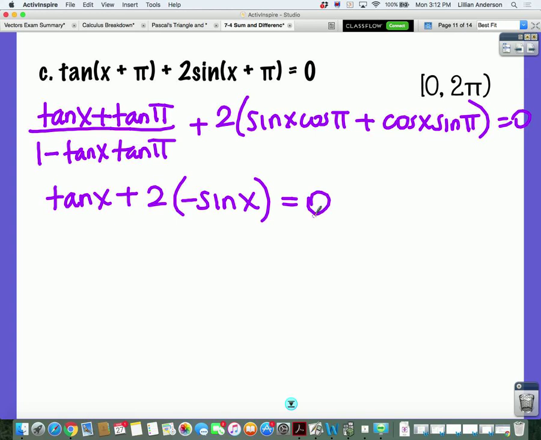Is everyone okay? This full, long, complex expansion really simplified down to something a little bit smaller of just tan x, technically minus sine x. And all that equals 0.